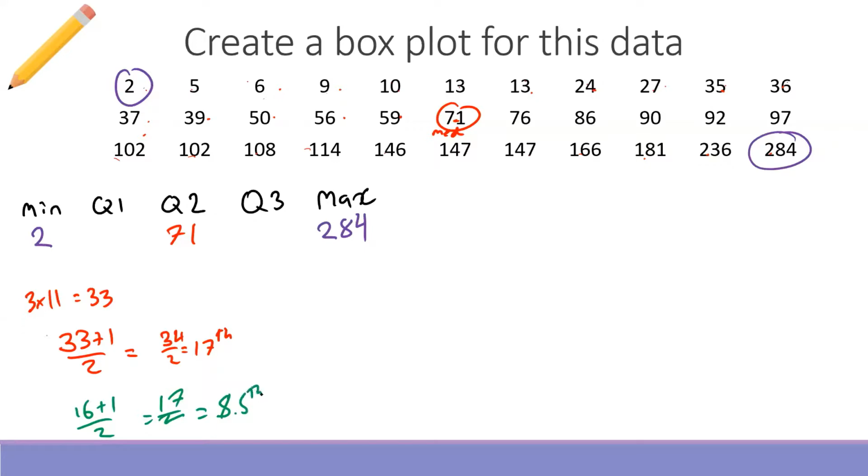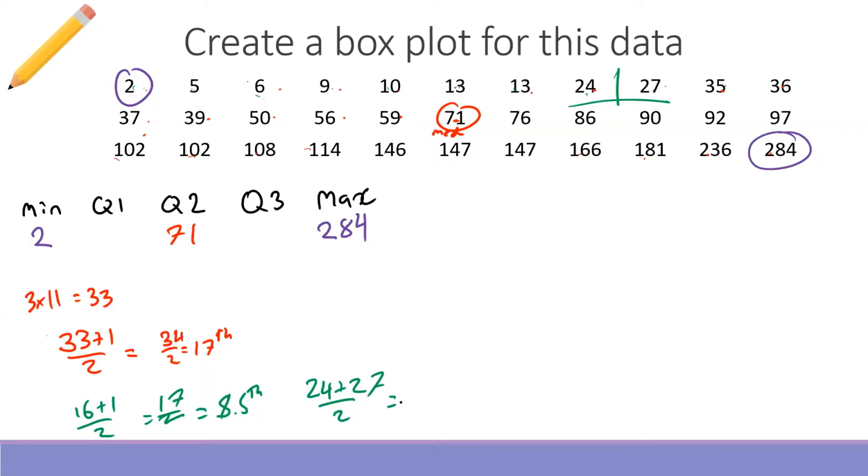So the 8.5th number. So we're going to go 1, 2, 3, 4, 5, 6, 7, 8 here. Here is the lower quartile. The lower quartile is 24 plus 27 divided by 2, or 25.5 is my guess.